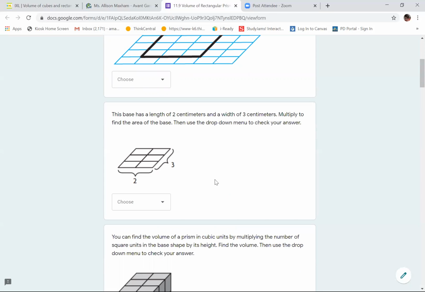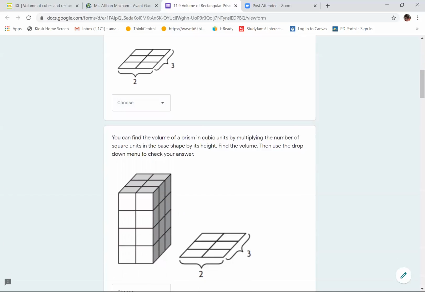What is it? Square units. Actually, look, it's 6 square centimeters. I made a mistake. I'm going to go fix that. So when you have your chance to practice, this is going to say 6 square centimeters or 6 centimeters squared. Ooh, I'm glad we're doing this together.